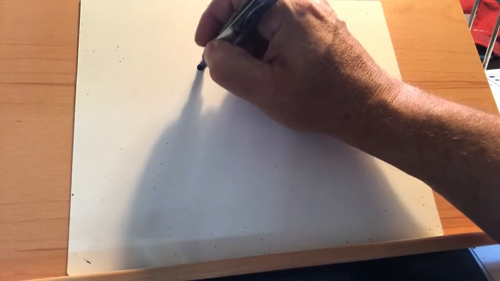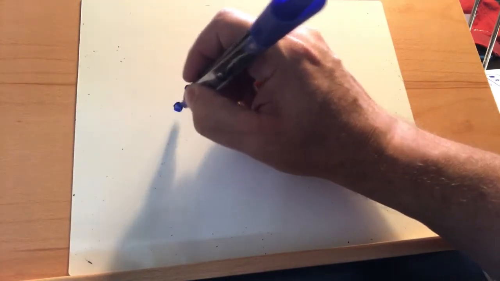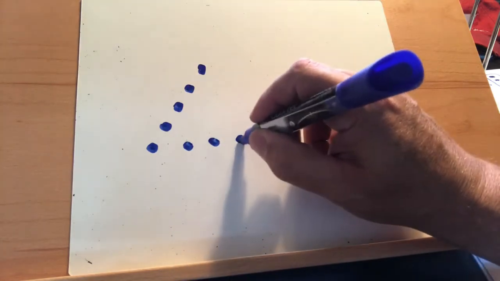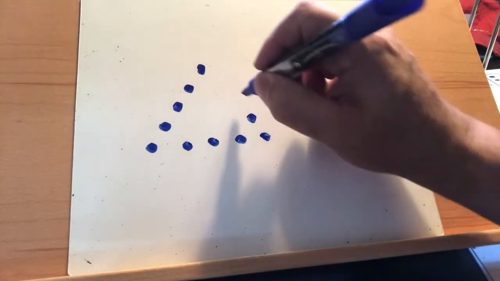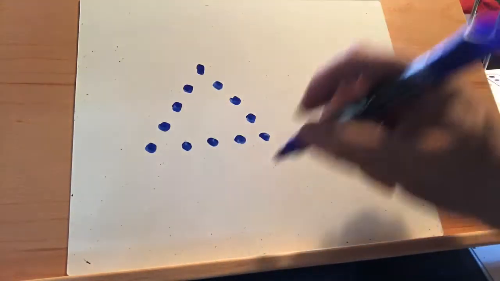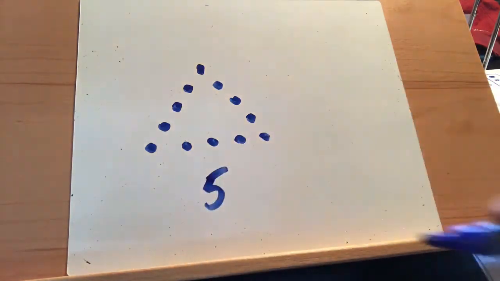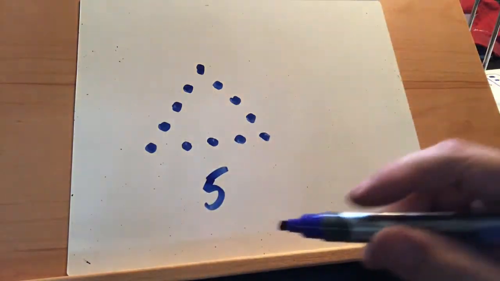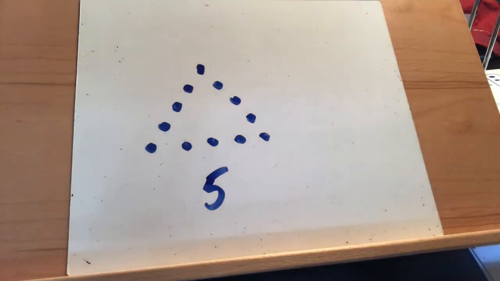So then we started talking about that triangular shape. And let's just speed things up and say here is figure 5. 5 dots this way, 5 dots that way, 5 dots that way.